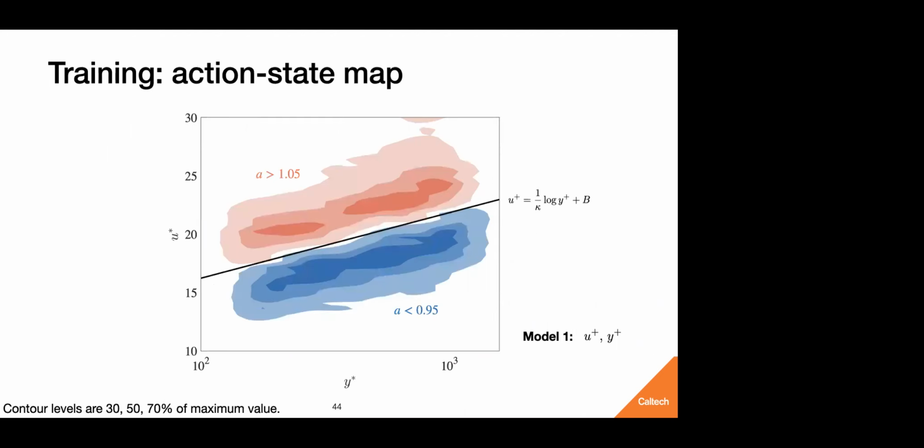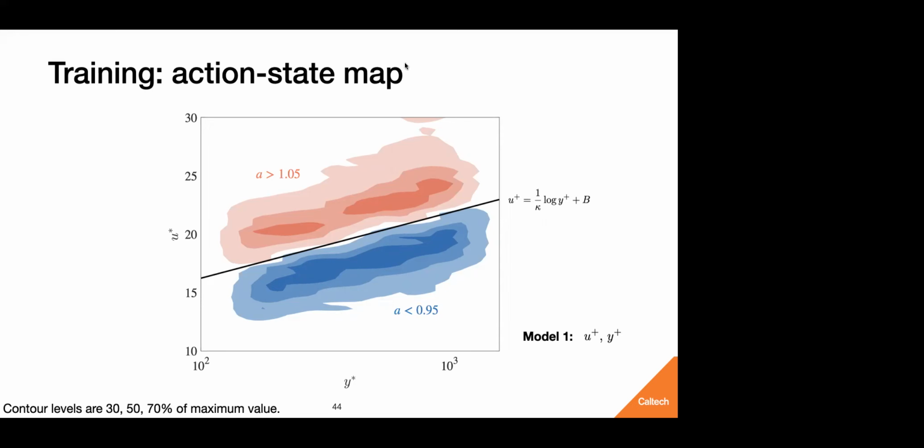So what has the model learned? Once we've trained the model, we've looked at what we call the action state map. This gives you a plot where the red means the action is to increase the wall shear stress, and the blue means the regions where the action is to decrease the wall shear stress. On the two axes, we have the two states that we've fed into the model.